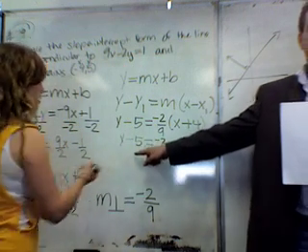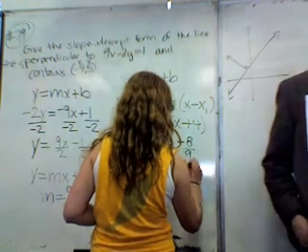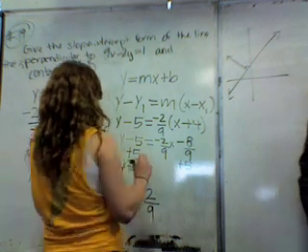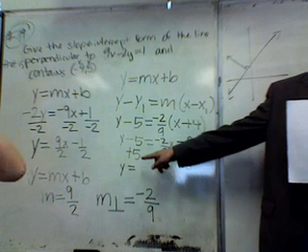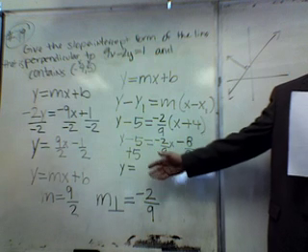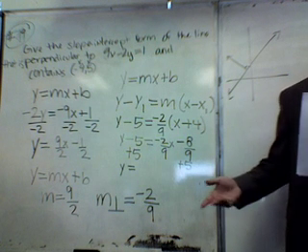What do we have to do? We have to add 5 on both sides. And we're going to have to deal with a fraction, but we're not afraid of fractions. 5 is just like saying 45 over 9, because 5 over 1, take 5 times 9, you get 45, and 1 times 9 is 9.